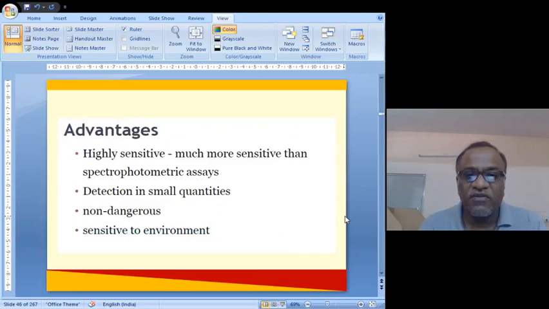What are the advantages of this method? It is highly sensitive, much more sensitive than the spectrophotometric assay. Detection of small quantities is possible, and it is safe, that is, not dangerous to the person working, but it is sensitive to environmental conditions.